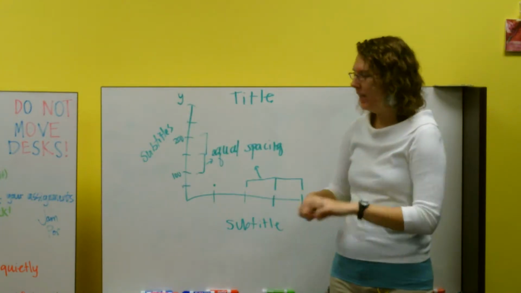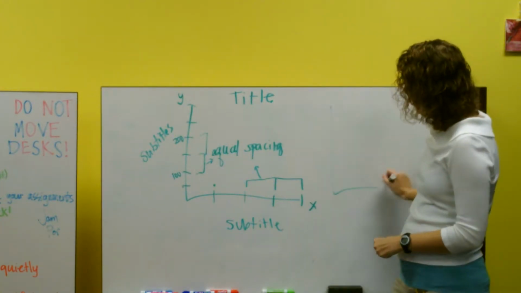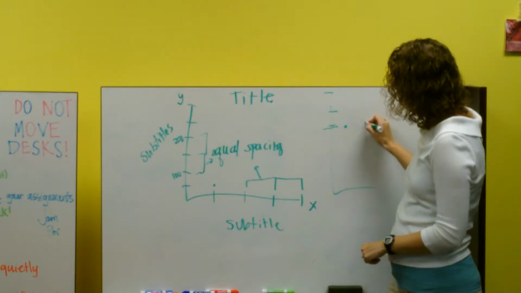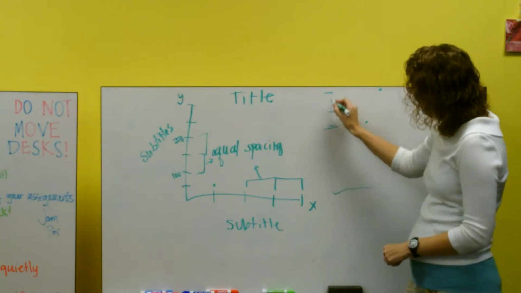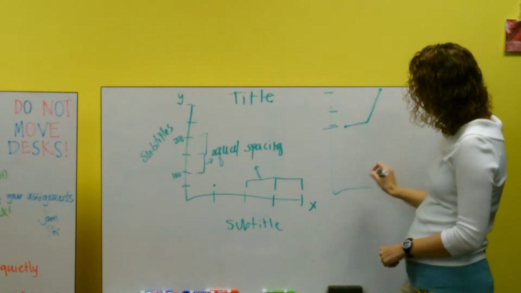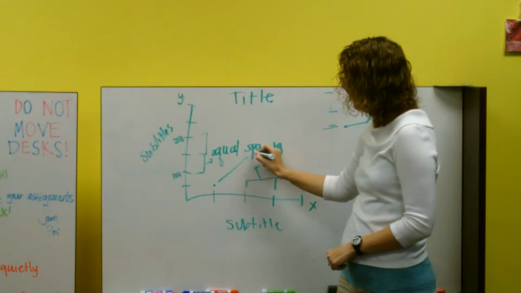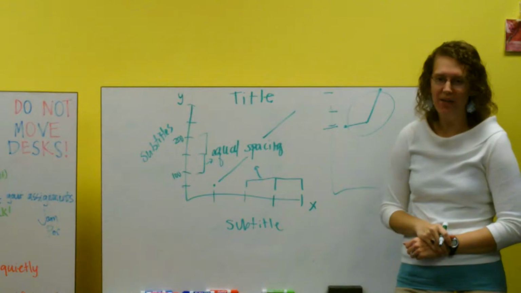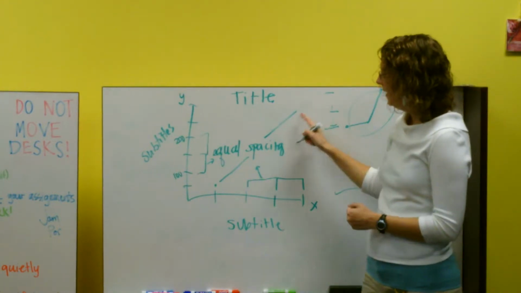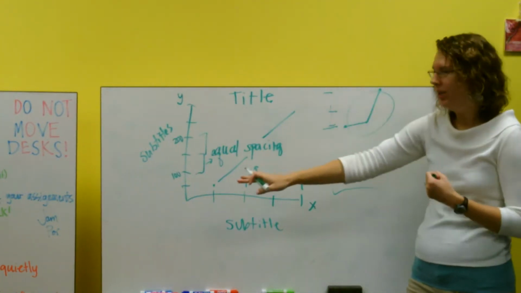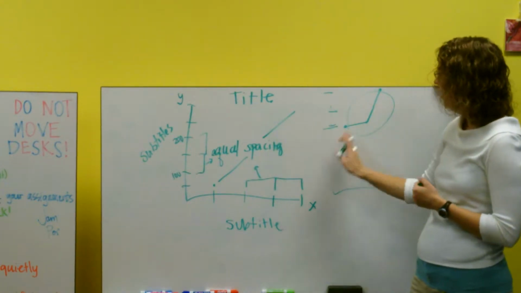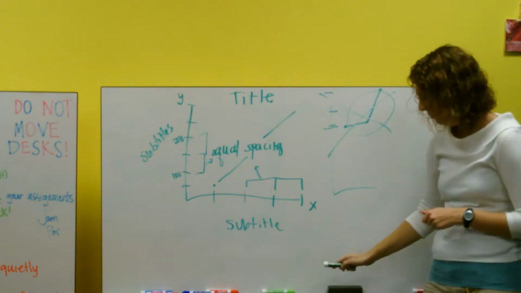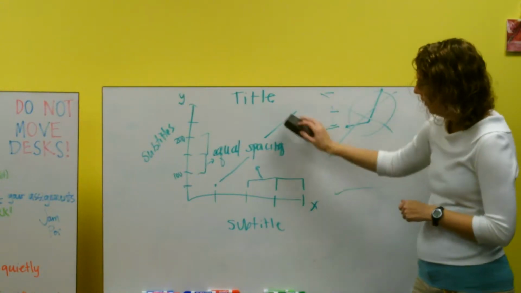If I don't have equal spacing, 50, 100, 200, and I have a dot here, and a dot here, and a dot here, but my spacing is off, this line is supposed to look like that. But now I've got it all out of whack, like Portia said, right? So to help us figure out the trends, to predict what's going to happen next, we need equal spacing. We don't want scary, unequally spaced graphs. Okay? We want equal spacing.